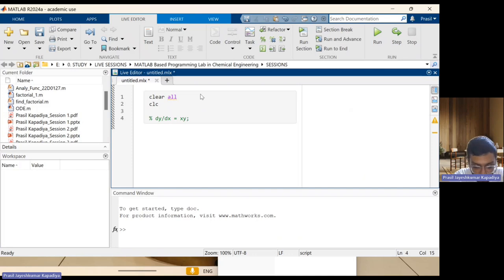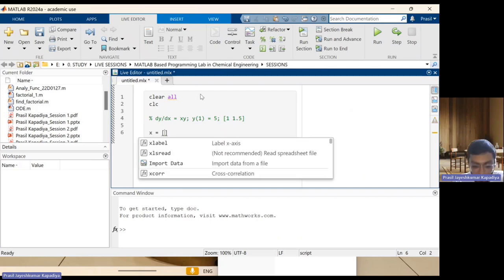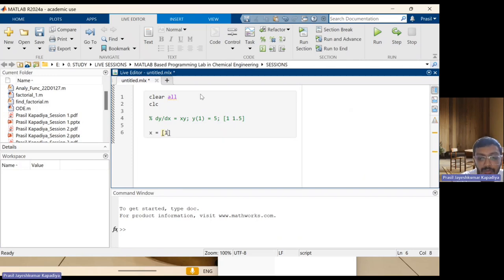This differential equation I want to solve, and I'm given that y of 1 is equal to 5. What does this mean? When I put x equal to 1, I get y equal to 5. This is my solution. So let's say I want to solve my equation from x equal to 1 to 1.5. Okay, so let's first write down the x values. The x values are from 1 to 1.5. Let's say I'm going in intervals of 0.1.